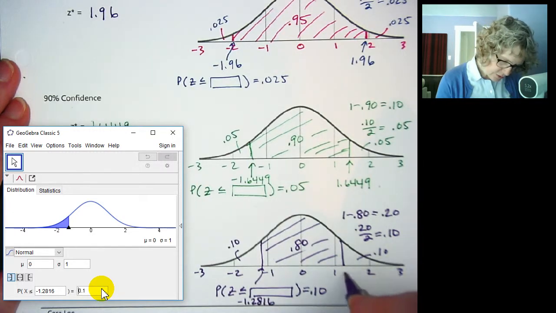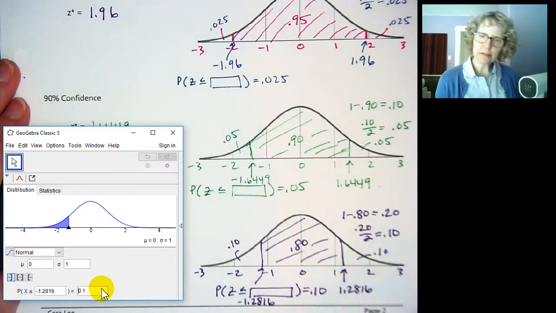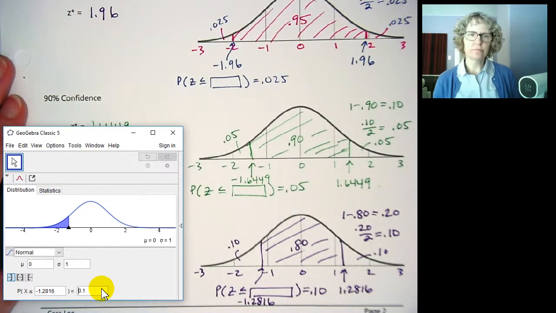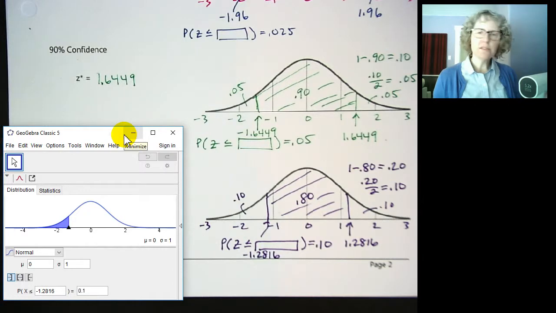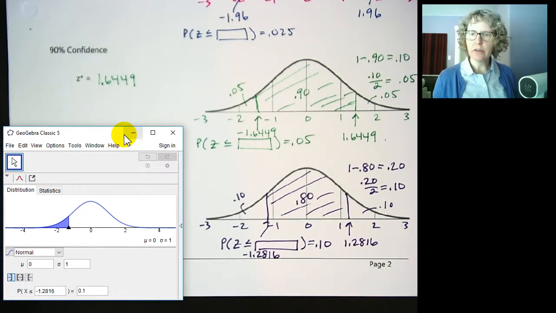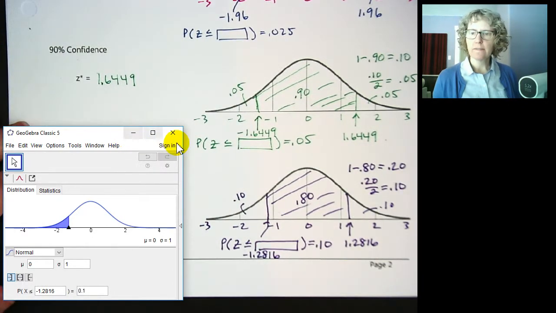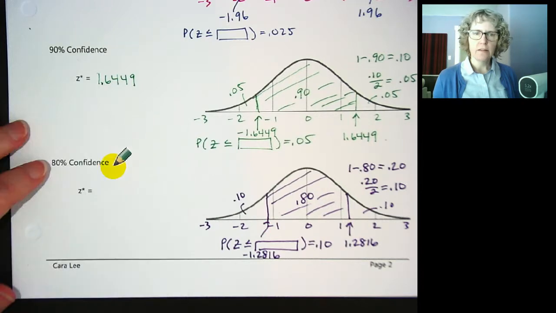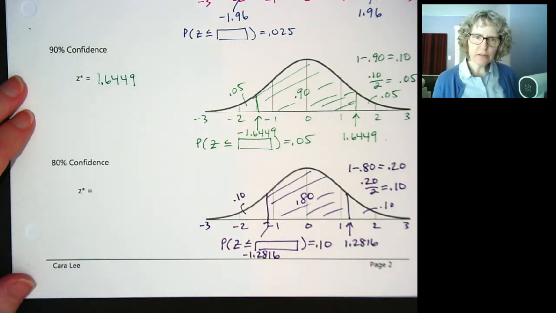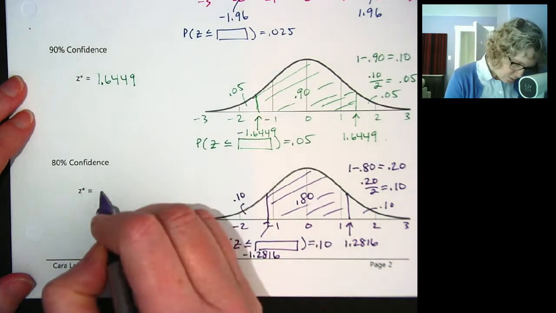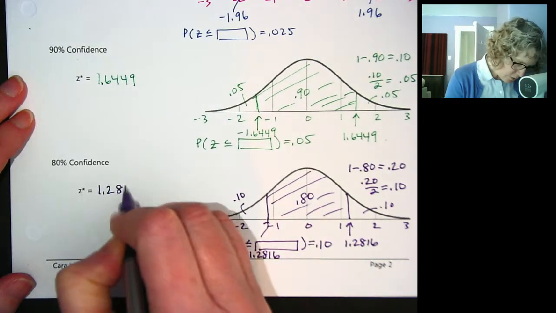So this one will be positive 1.2816. Let me scoot that up. It's not quite as in focus at the bottom of the page there. Okay, so here's our z-star for 80% confidence. 1.2816.